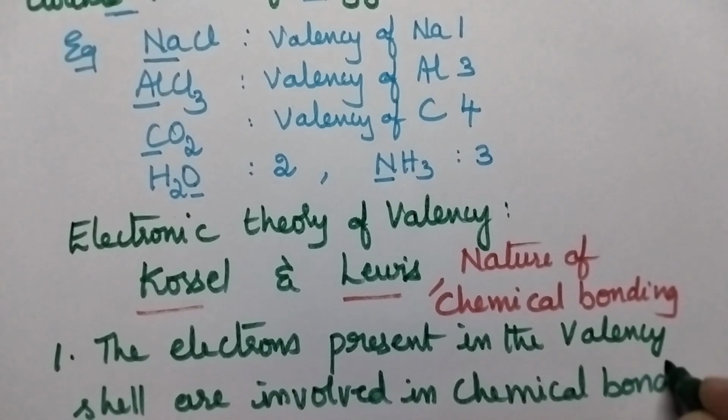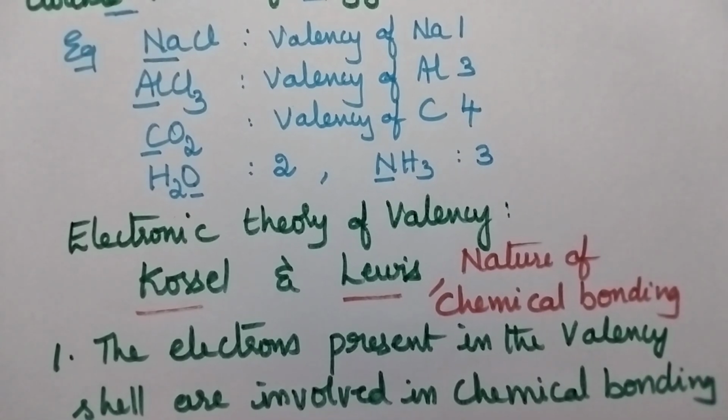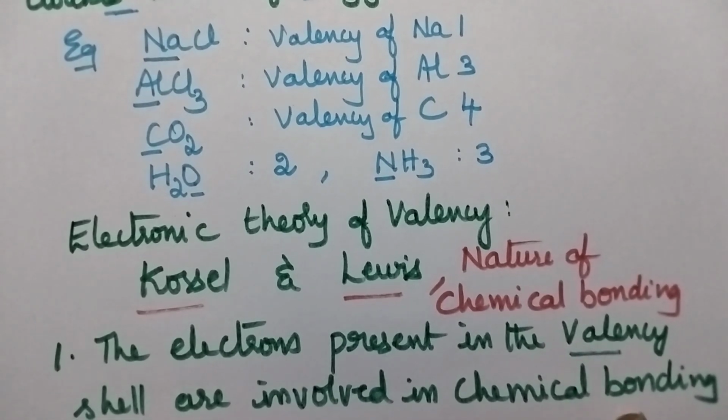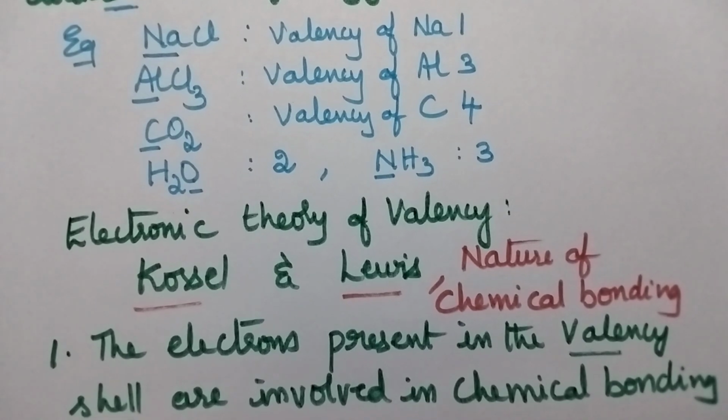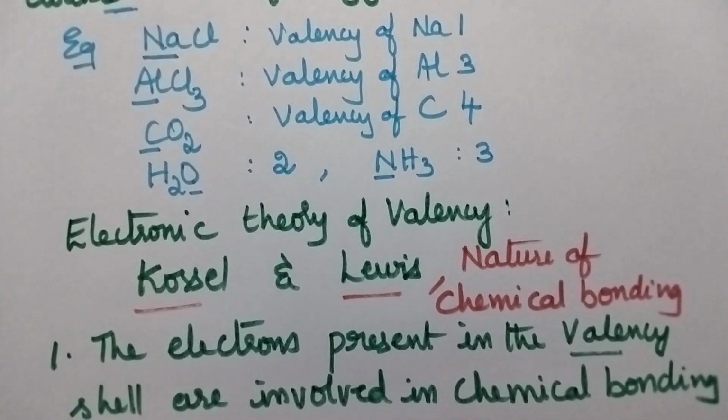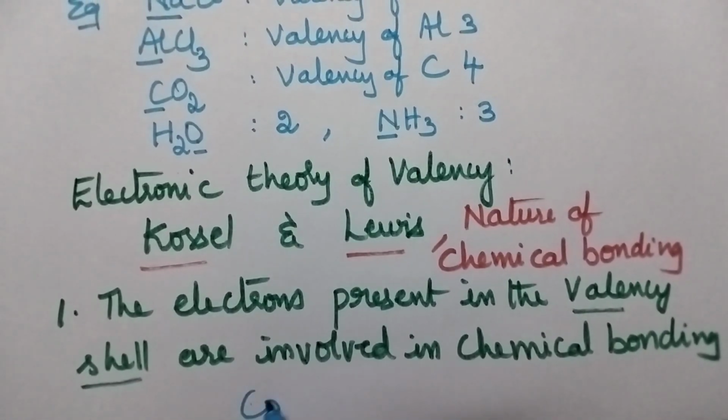So only the electrons which are present in the valency shell, that is the outermost shell, participate in chemical bonding, and the electrons which are present in the inner shells are called core electrons.